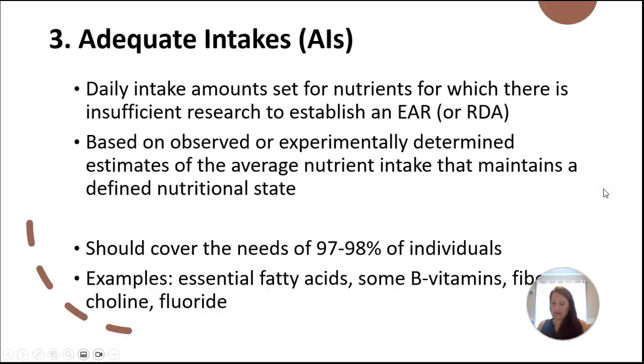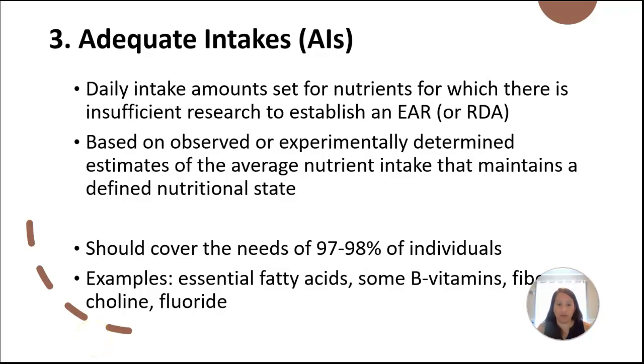Okay. The next DRI is adequate intakes, or AIs. Okay, so this is the third standard. This is going to be daily intake amounts that are set for nutrients, for which there is insufficient research to establish an EAR, and therefore we can't establish an RDA. These are based on observation or experimentally determined estimates of the average nutrient intake to maintain a defined nutritional status.